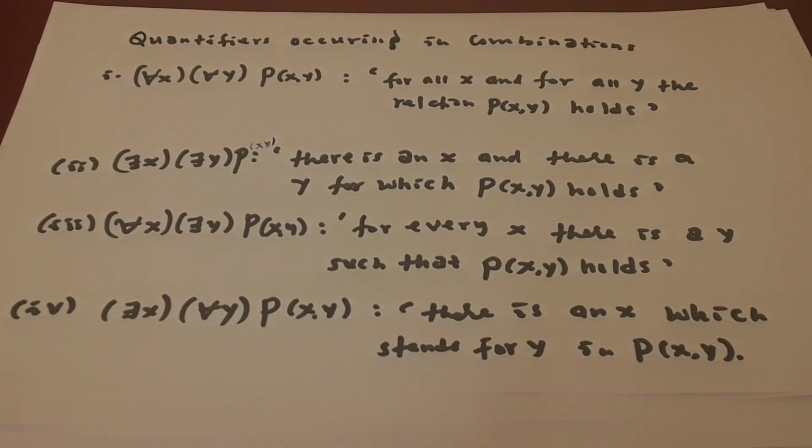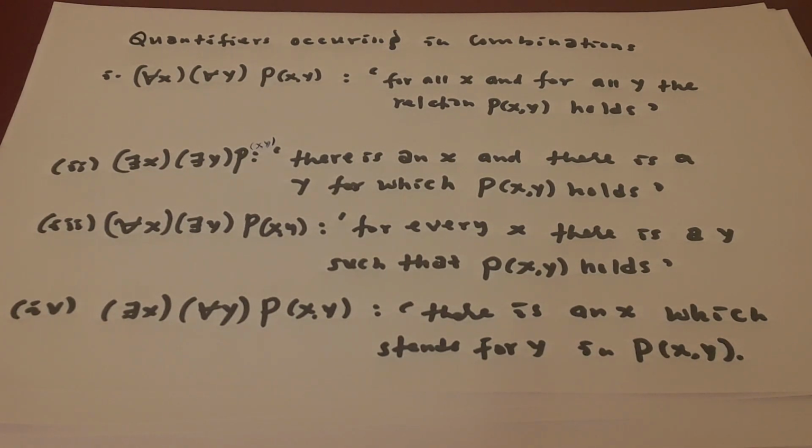In the first one, the two universal quantifiers may be interchanged without altering the sense of the sentence. So it's possible to say for all y and for all x, the relation p of x, y holds true. Universal quantifiers can also be combined with the existential quantifiers, as shown in the slide.